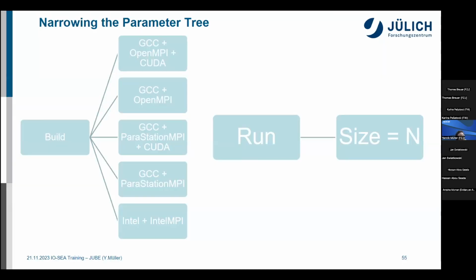So here in my example, I have two parameter sets called build and run. Then I have one parameter, let's say it's called stack, that can have the values GCC plus OpenMPI plus CUDA, or GCC OpenMPI, a different MPI. The values here don't matter. It's just important that this parameter has 5 values, and for the beginning, the other parameter has just 1 value.